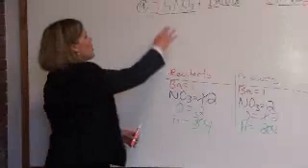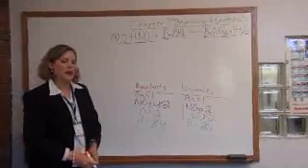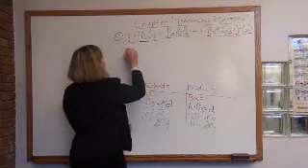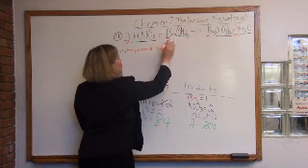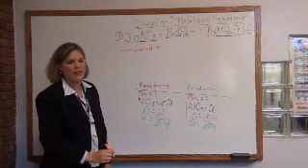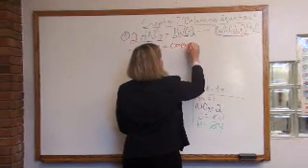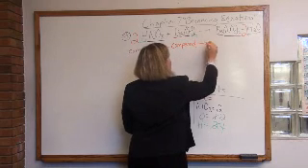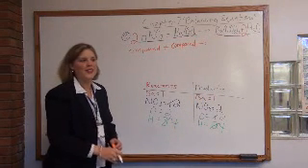Looking at HNO3, is this an element or a compound? Compound. What about barium hydroxide? Is that an element or a compound? Compound. Barium nitrate, is that an element or a compound?